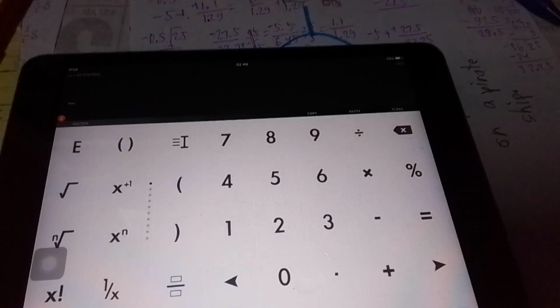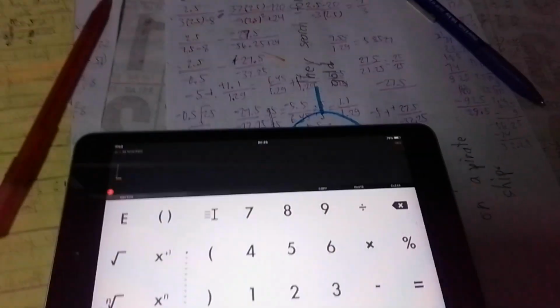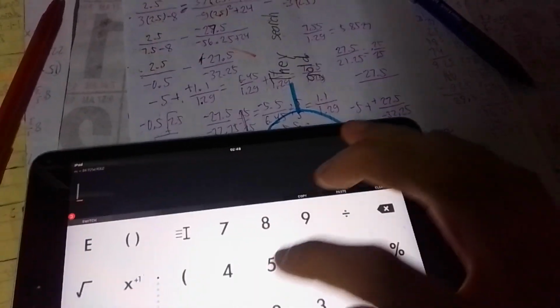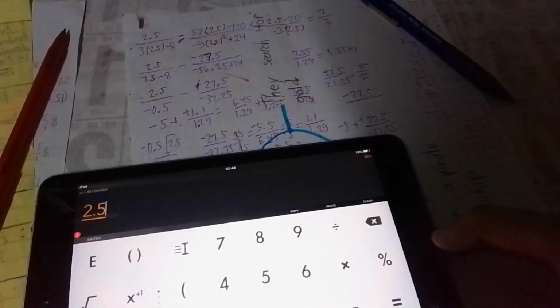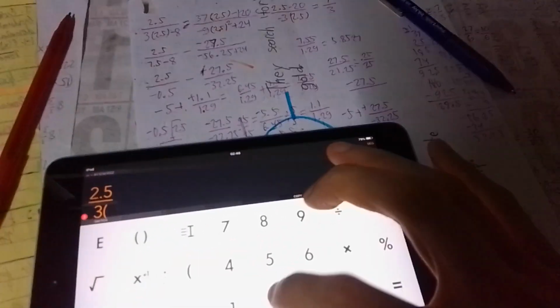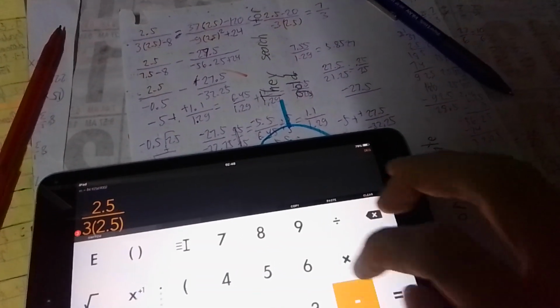Let me try it on another calculator. We'll be right back. So when you press it on the calculator, we have 2.5 all divided by 3 times 2.5 minus 8.